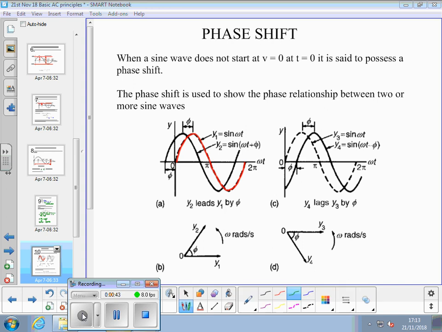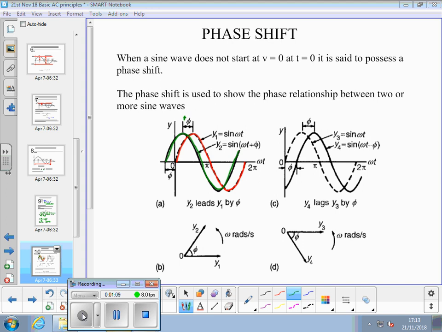The green one actually peaks before the red one, so it's got a positive angle theta there. It's sine of omega t plus theta. It's got a leading phase angle, that's ahead of it, because it peaks sooner.